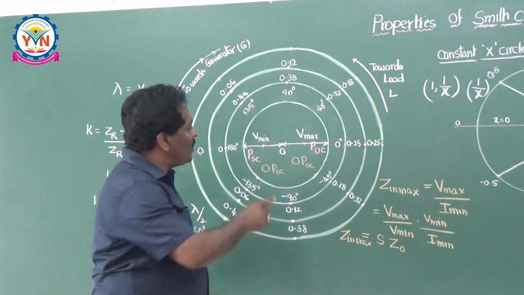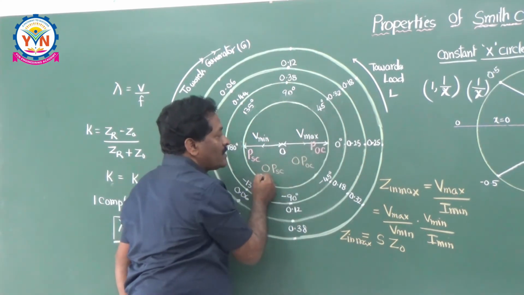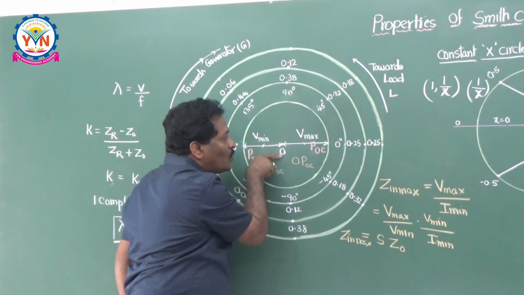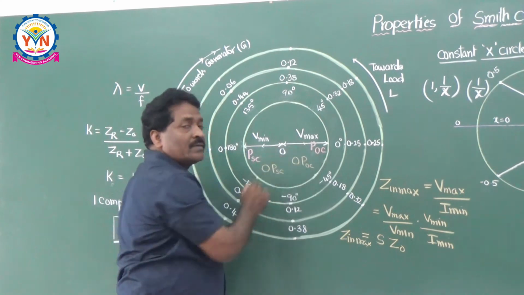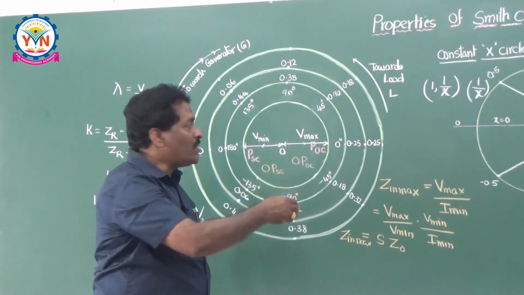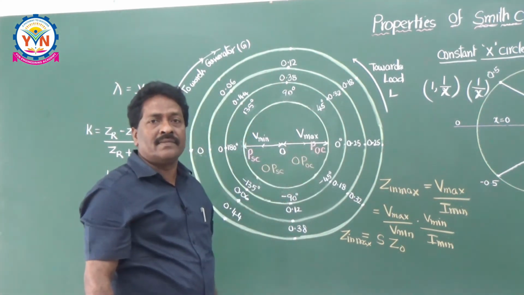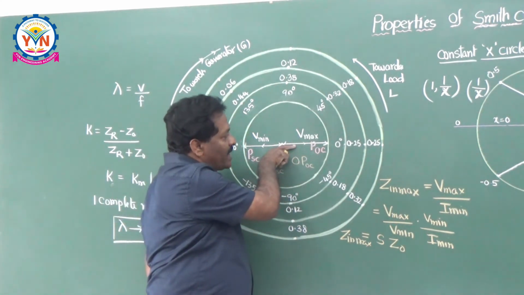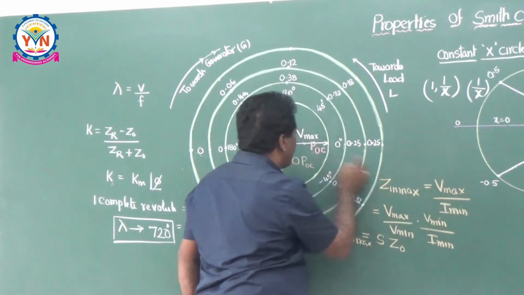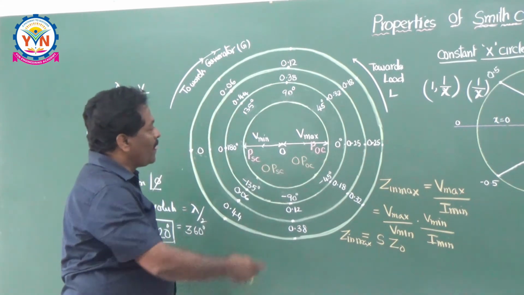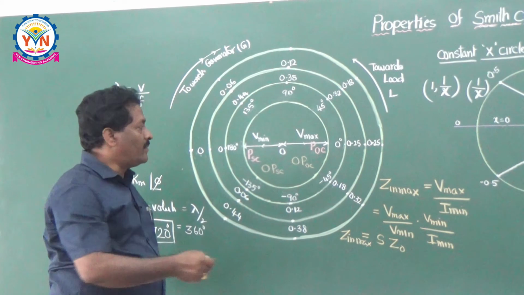Now the reason you are getting the V maximum on the right side of this center is that whenever you are moving from O to this place, you are moving towards infinity, because it is an open circuit. The impedance increases, so you are traveling in the direction of increasing impedance. That's why Zn maximum is also in this direction, and if Zn maximum is there, then V maximum is also in this direction. Similarly, whenever you are traveling from O to this PSC, you are having V minimum.